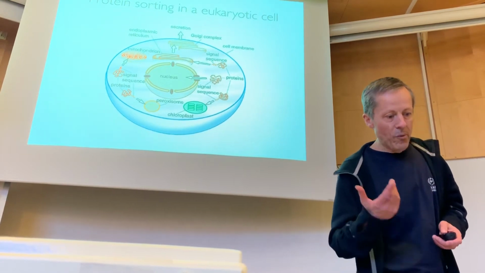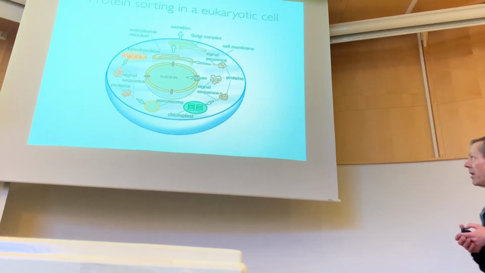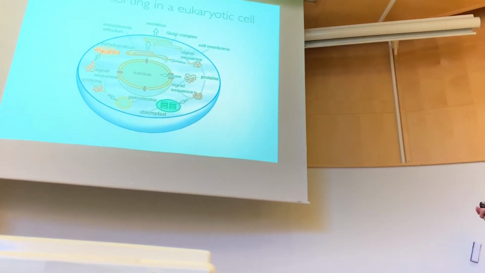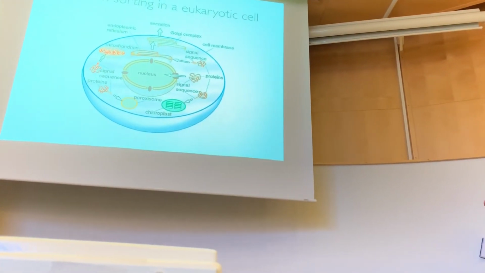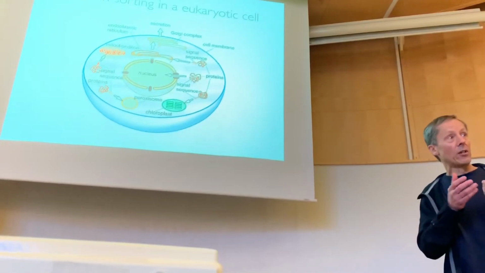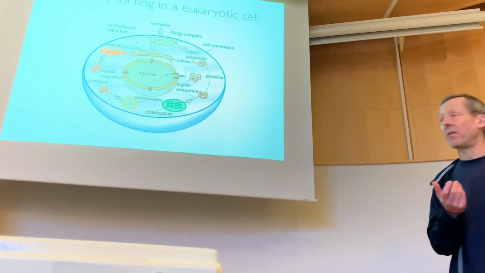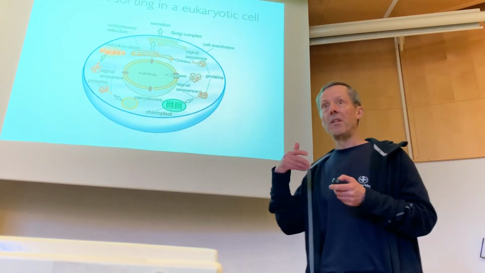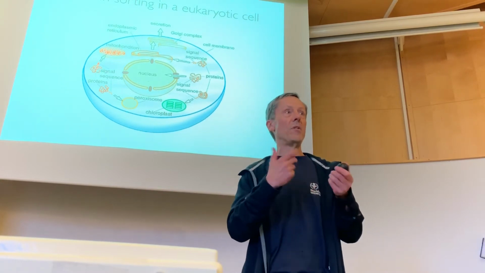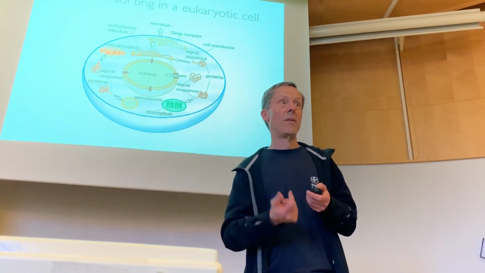So I'll mainly talk about one of these sorting pathways, and that is the secretory pathway, where the initial targeting event is that an N-terminal part of the protein is recognized by receptors targeting the ribosome that is manufacturing this protein to a translocation channel in the ER membrane, whereupon the protein is then translocated into the lumen of the ER as it's being synthesized.